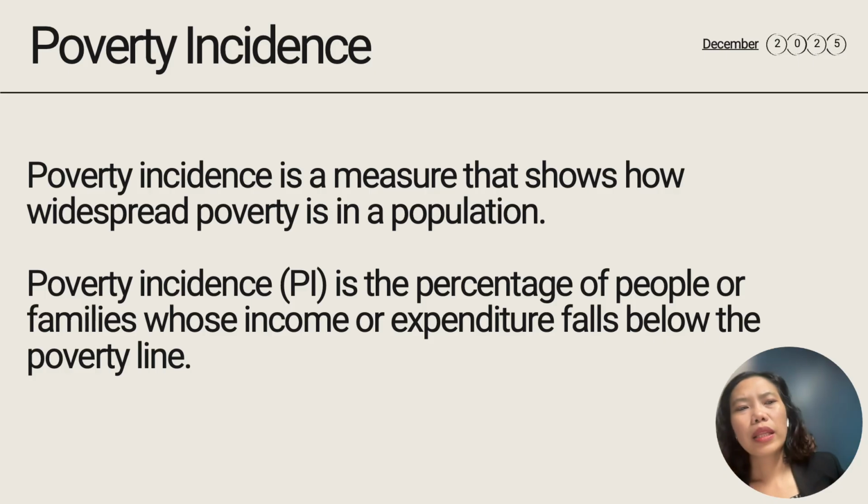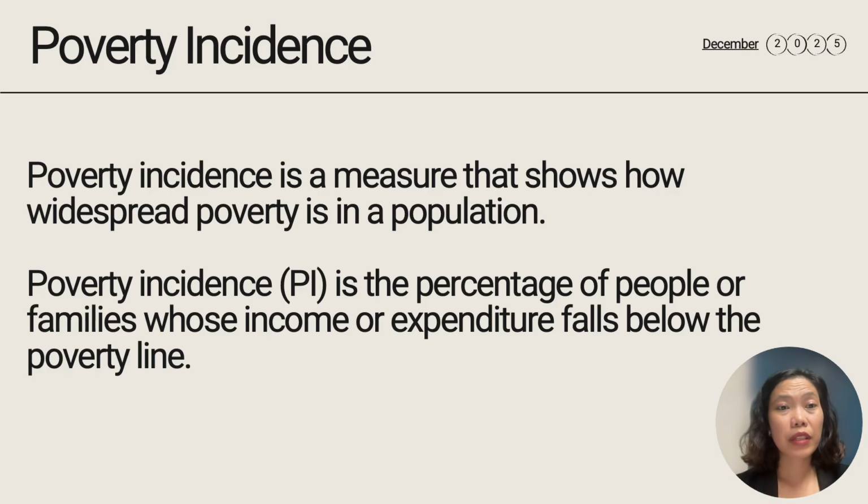So we have here poverty incidence, or the poverty rate. It is a measure that shows how widespread poverty is in a population. It is the percentage of people or families whose income or expenditures fall below the poverty line.